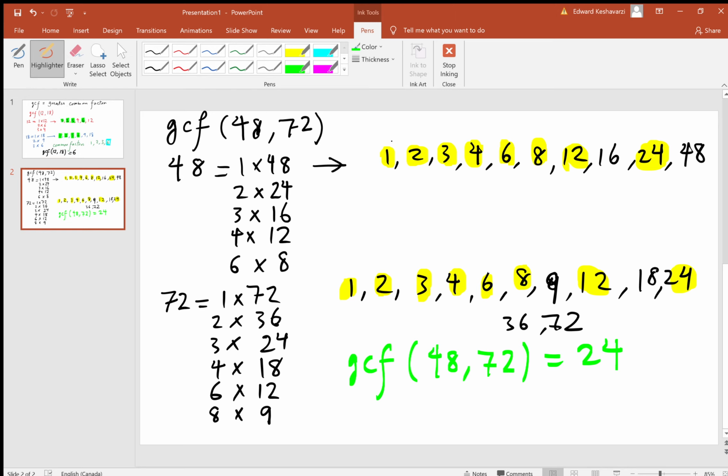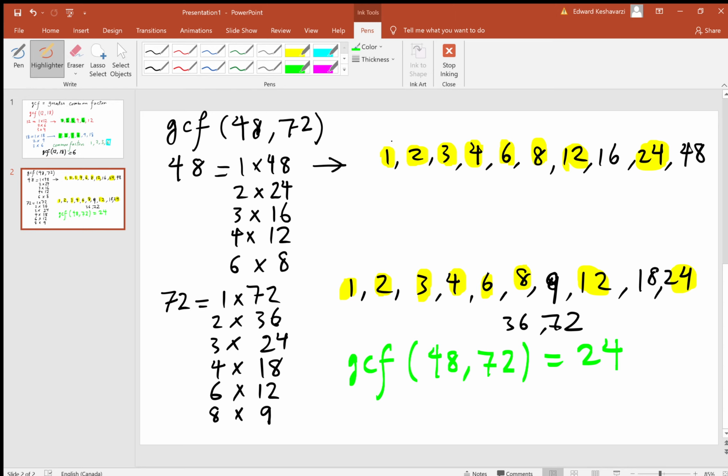So there is nothing wrong with this method. However, it's not very efficient. What if I ask you to find the GCF of, for example, 1200 and like 500? It takes forever to write down all the factors and then mark the common factors.